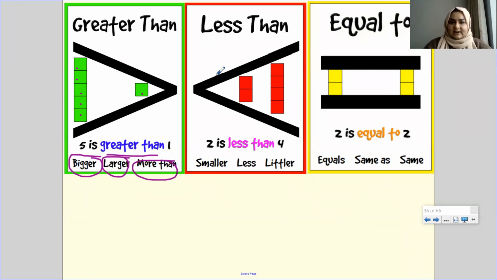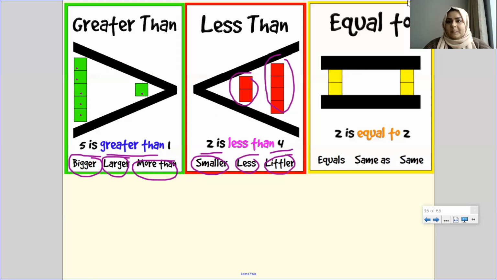Okay, now this sign means less than. So if you see, it says here 2 is less than 4. I've got 4 here, which is on the opened end, and I have 2 here, which is on the closed end. Okay, and in maths, the words that are the same as less than are smaller, less, and littler.